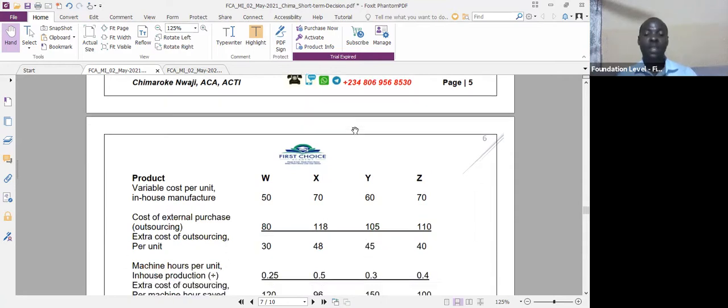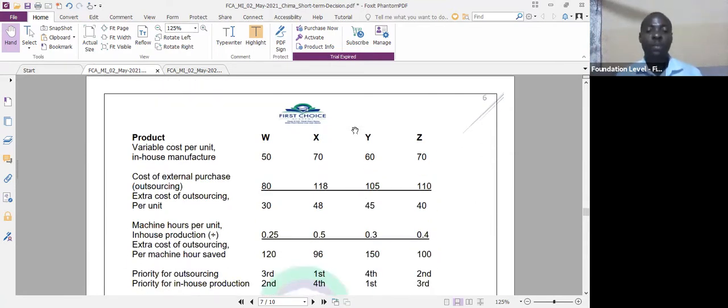Now look at this again. Look at W, X, Y, and Z, the products. Look at the variable cost to make them in-house, and look at the external price to buy them outside. Can you see the difference? The external prices are more costly than the variable cost to make them in-house.